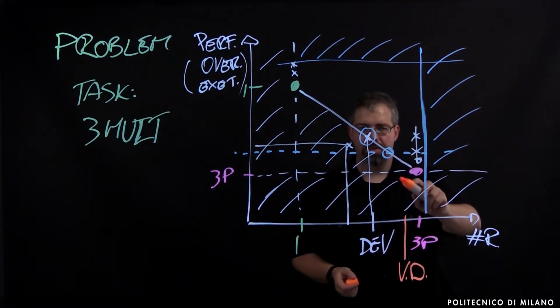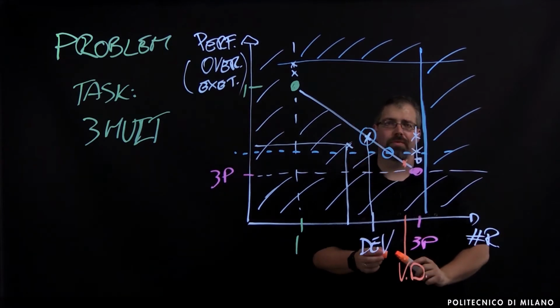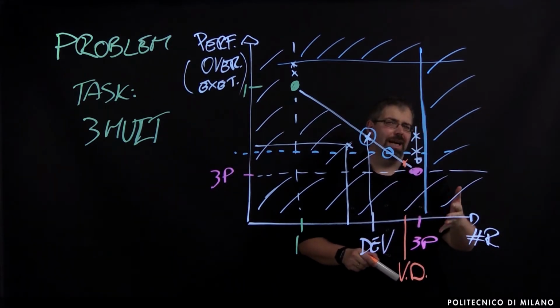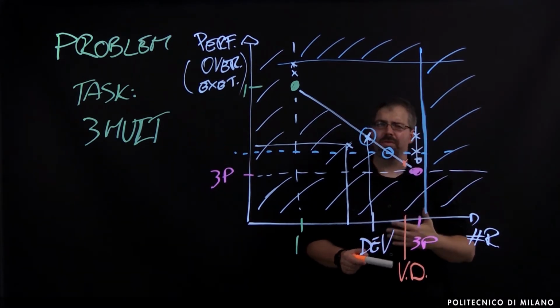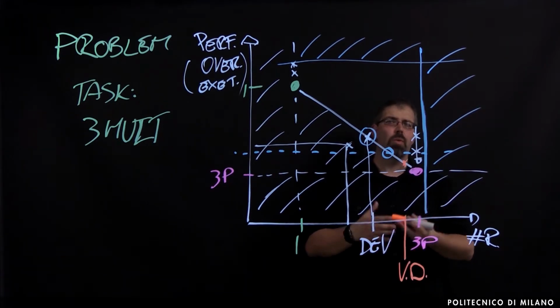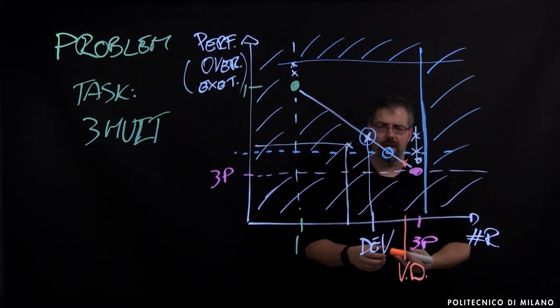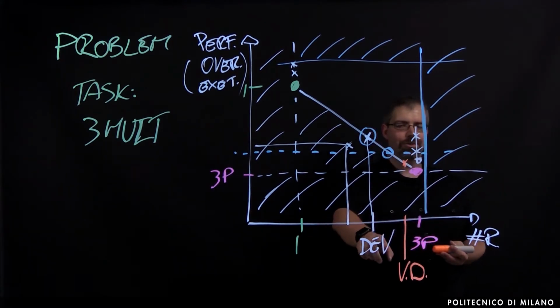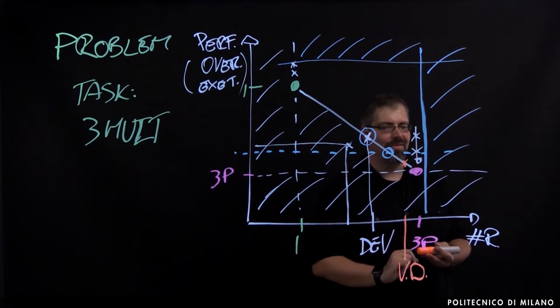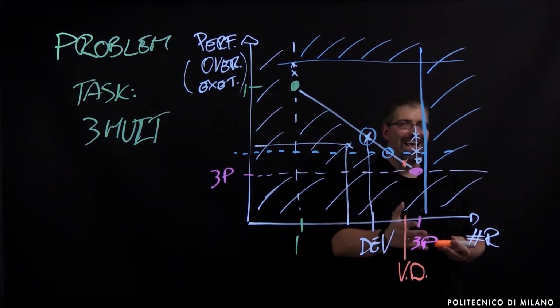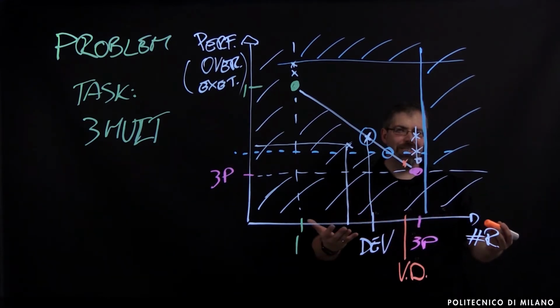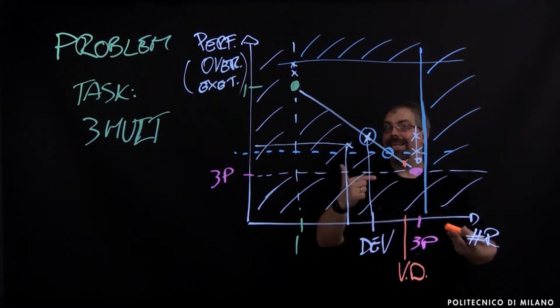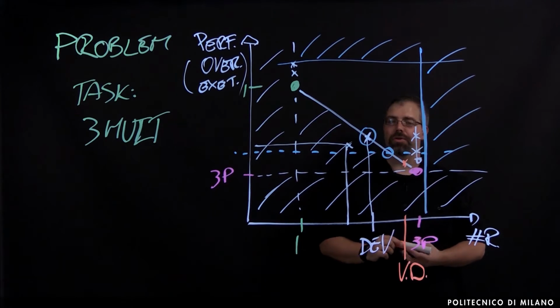Obviously, those are the expected performance, but this is a virtual device, so this is not something that we are really going to have. It's something that we are willing to have, but that we have not. So what does it mean to have a virtual device? It means that over time we are going to reconfigure our FPGA in order to have more resources available, paying for this in terms of reconfiguration time.